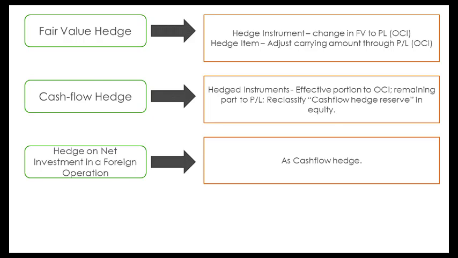Cash flow hedge, the hedge instrument, effective portion to OCI, remaining part to PL. And then you have to reclassify it from the cash flow hedge reserve in equity. And then hedge on net investment in a foreign operation, that will be treated as cash flow hedge. So whatever you apply on cash flow hedge, it will be applied to the net investment hedge.